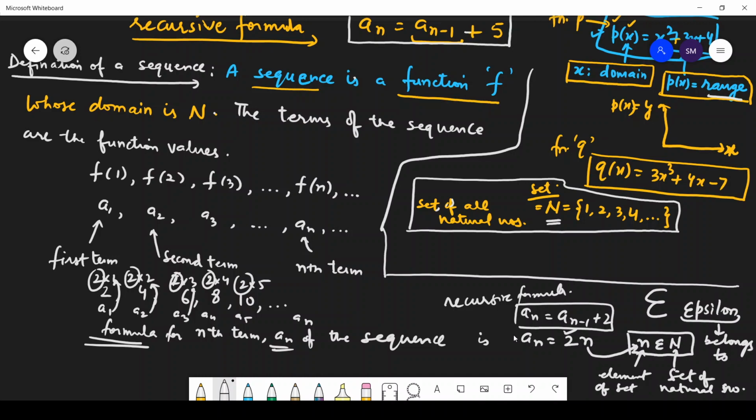When I ask you what is the formula for the nth term, you will tell this formula: an equals 2 into n, and I told you how you found this formula. Right? So n is from here. Sir, but this formula is only used when there are multiples. Absolutely. Right now we are focusing only on these simple questions. We will move ahead step by step, don't worry.